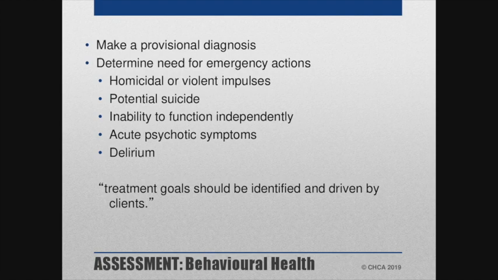I mentioned acute psychotic symptoms as well as delirium, and we'll talk a little about that later in the presentation. Certainly treatment goals should be identified and driven by the clients as much as possible, involving clients and in some cases families.